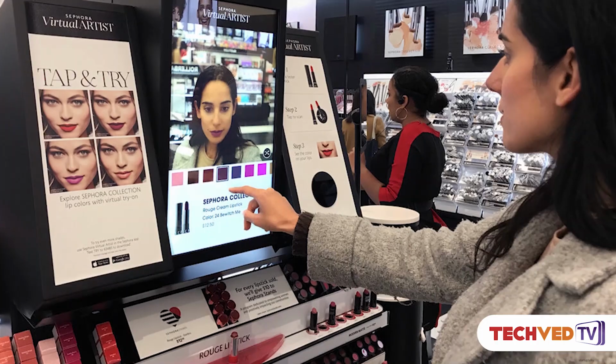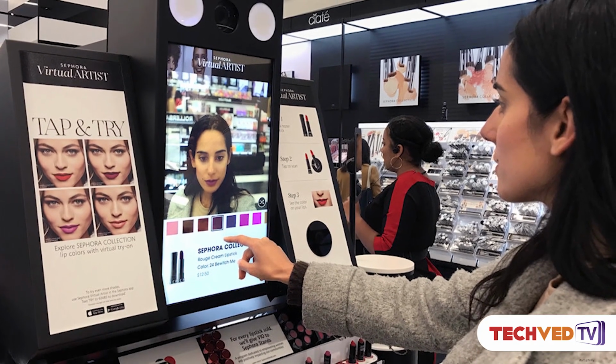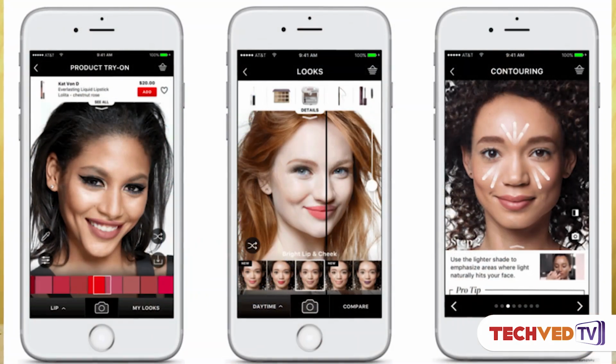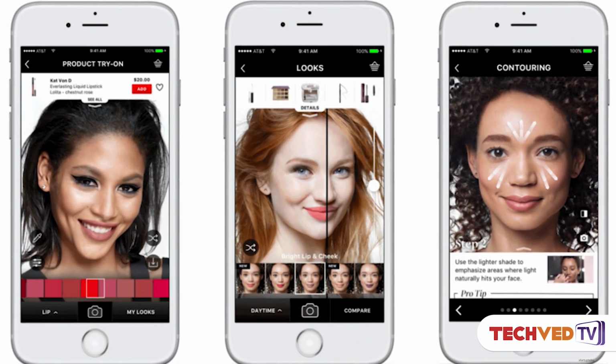So what they do is use AR and VR, augmented reality and virtual reality, and their customers can look at different shades of beauty products by uploading their picture and figuring out what looks good on them.